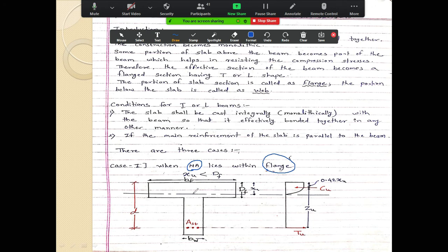If you draw the stress distribution diagram for this, the distance of the neutral axis from the top is xu. Neutral axis within the flange means xu is less than DF. You can see it on the diagram also. This total depth from this point to this point is DF.